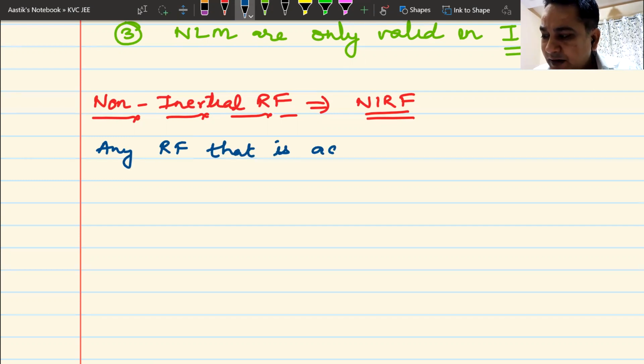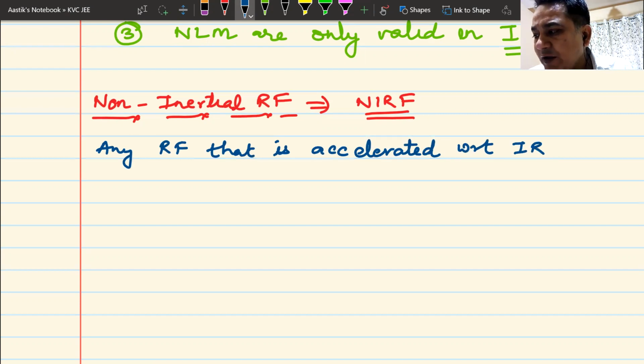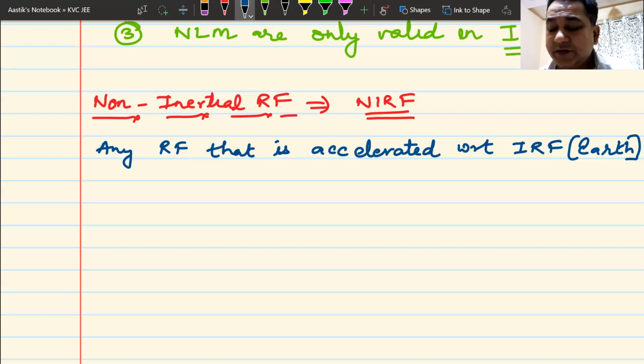Any reference frame that is accelerated with respect to an inertial reference frame. In this case, we are taking this as Earth. So any frame of reference which is accelerated with respect to Earth is NIRF. Do we understand this?